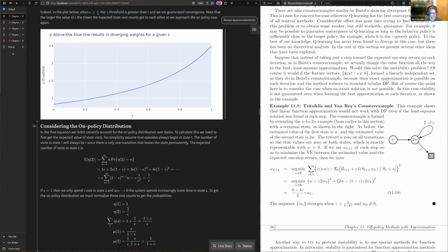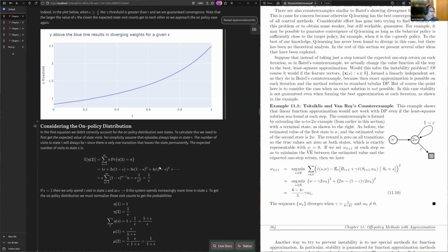Now, you should be able to see that the probability of visiting this state once is the same as the probability that we transition into the terminal state immediately, which is epsilon. Then if we stay here twice, it means that we did this once and then terminated after that. The pattern continues so that whatever n is, we have this 1 minus epsilon probability happen n minus 1 times, and then the final transition happens once.